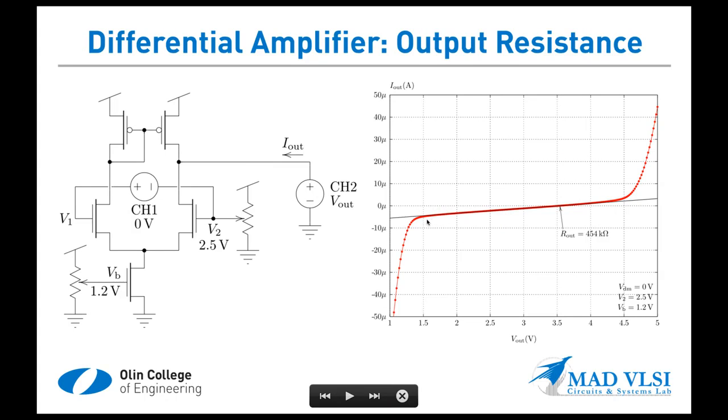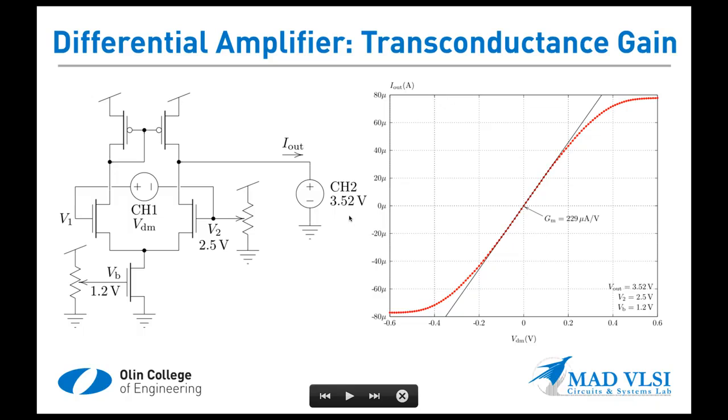The output IV characteristic looks like this, and you can see the slope of the tangent line here in the shallow region is 454 kiloohms, or 1 over the slope of this line is 454 kiloohms. And here there's a new quiescent output voltage, which is where we're fixing the output for this voltage to current transduction curve here.